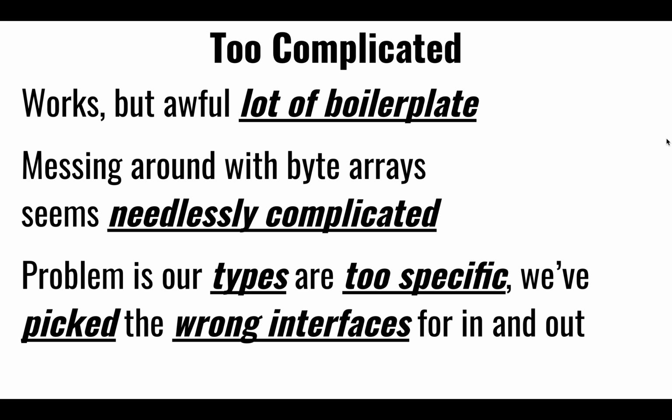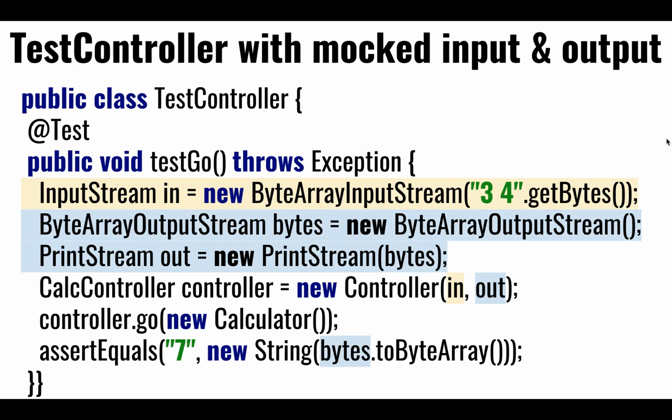Right. This seems somewhat complicated. If you look at this test, half of this test deals with setting up all these input streams and this output stream, which mostly we don't really care about. Ideally, we could abstract this out. I don't really want to have to set this up.